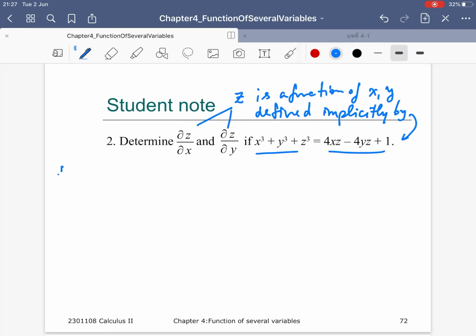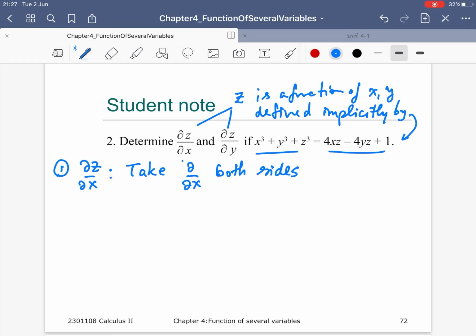So to find dz by dx, you start by taking d by dx of both sides. Don't forget that right now the real variables are only x and y.